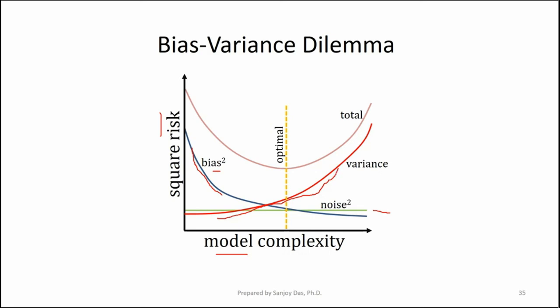And then the total risk, which is because of the noise, the bias squared, and the variance, is this curve. It goes down and down and down, and then after a while it starts going up. And so this is the optimal point. One needs to have a model only as complex as this. Not a really simple model, but not a complex model either, because both will work equally badly.